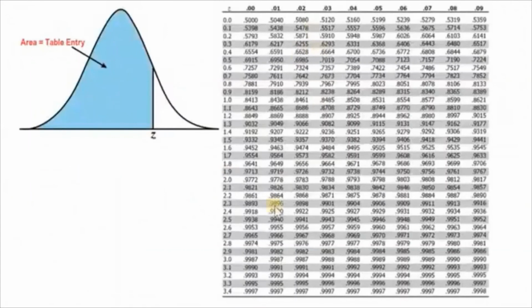So let me pull up my table on the screen. Then we'll be looking at this row, which is 0.5, and we'll be looking at the column of 0.06, which is this column. So here, basically this number here, which is 0.7123, is the area to the left of 625.